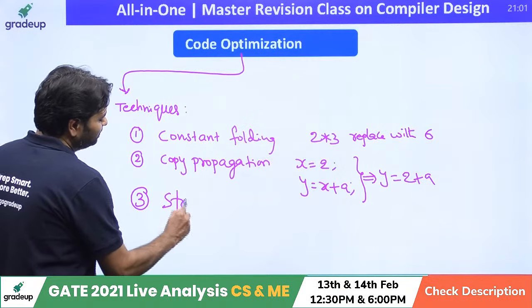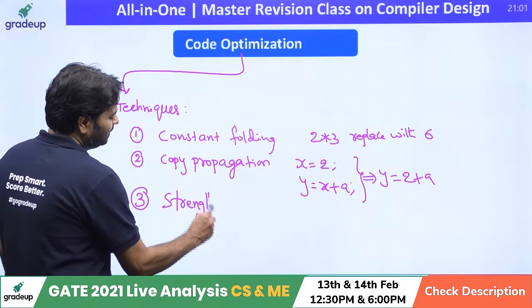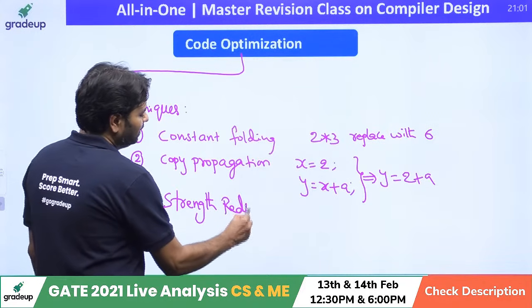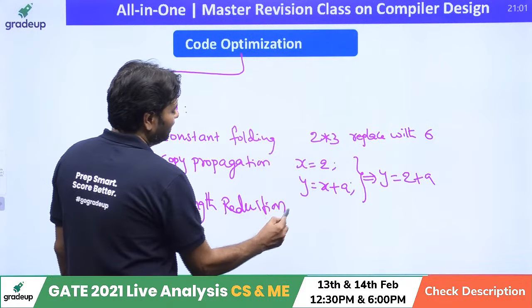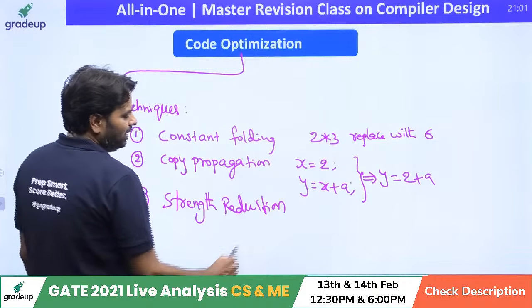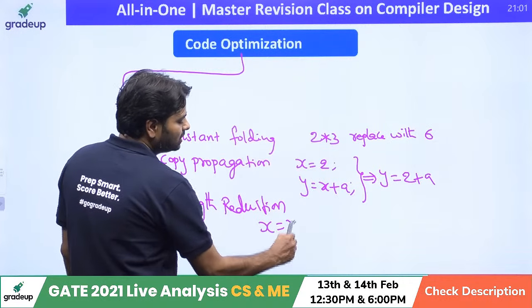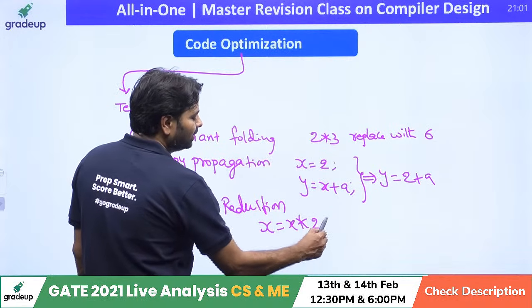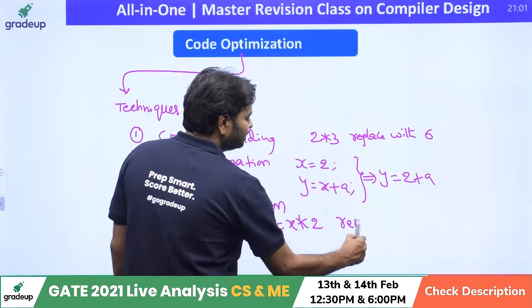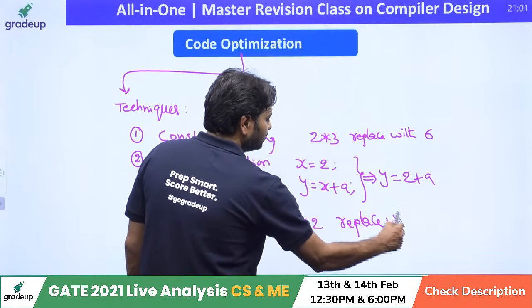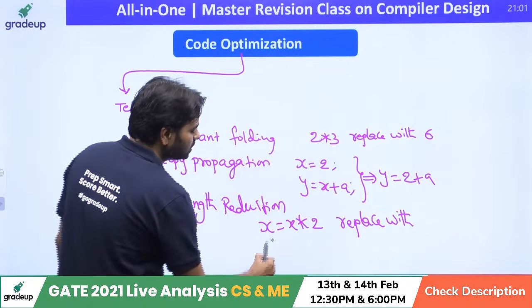Strength reduction. If you have something like x is equal to x into 2 or y into 2, whatever, you can replace it with a cheaper one. This is costlier basically.